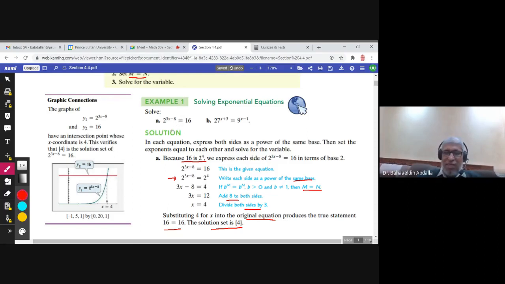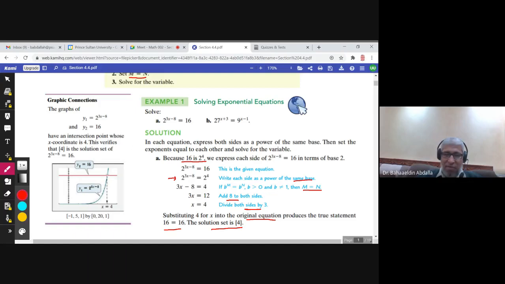Now, if you want to understand this graphically, in fact, you have two functions here. You have an exponential function, which is y1 equals 2 to the power 3x minus 8. And you have y equals 16, which is a horizontal line. The red line is the graph of y equals 16.